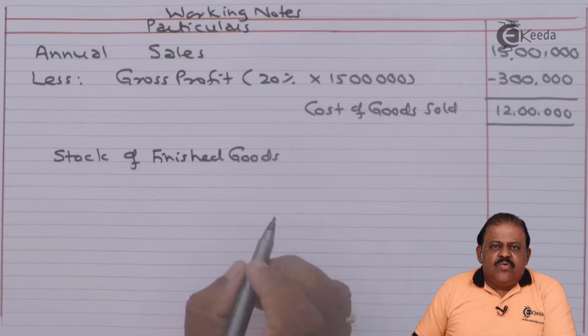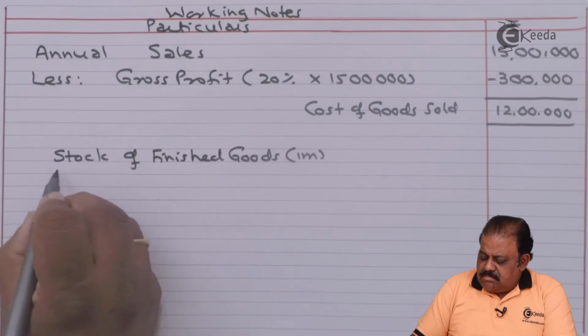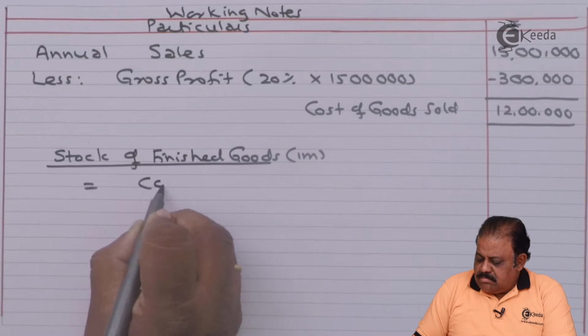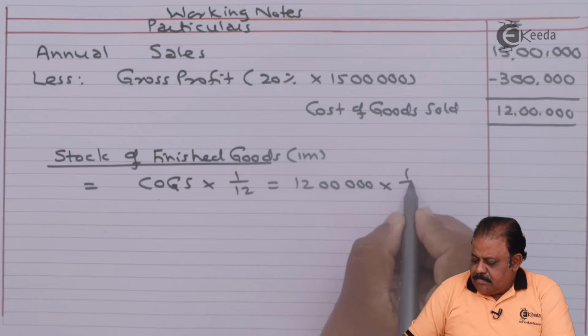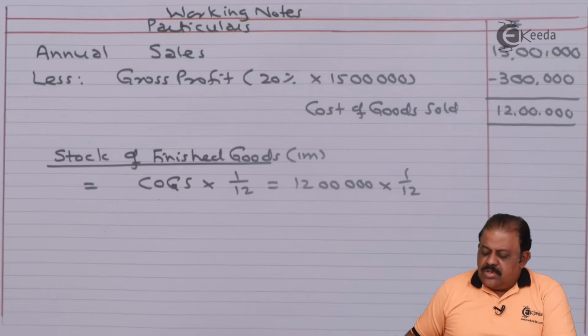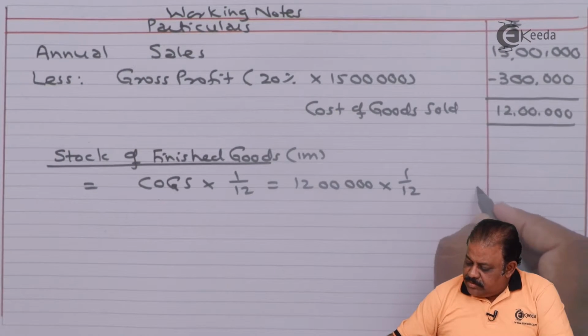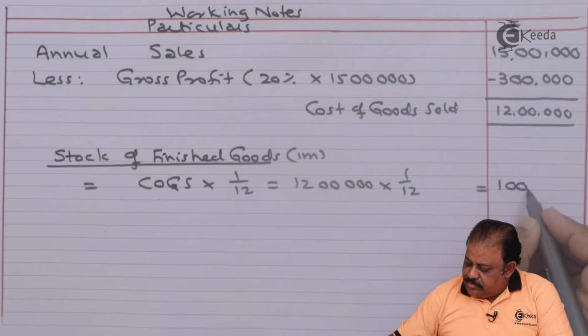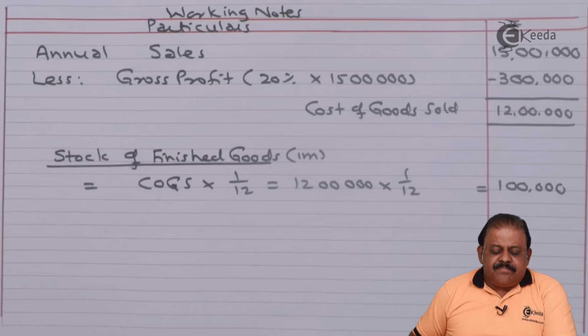Accordingly, 1 month stock will always be there in hand. Cost of goods sold 12 lakh, 1 month, therefore 1 by 12. Amount we get 1 lakh.